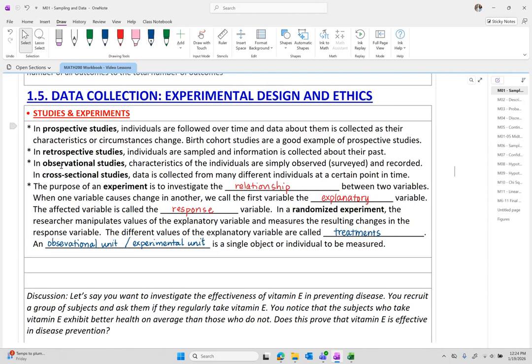The different values of the explanatory variable are called treatments, and an experimental unit or observational unit is the one single object or individual to be measured. So, one unit of the population that is actually participating in the survey.